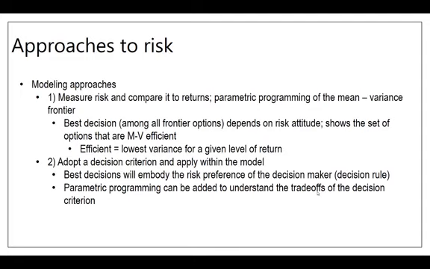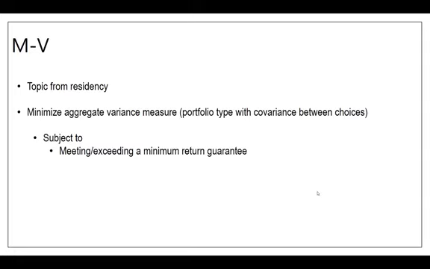That's what we did: we went through our mean variance analysis, took that portfolio type covariance among choices, subject to meeting those minimum return guarantees, and we plotted that function and saw what it looked like.